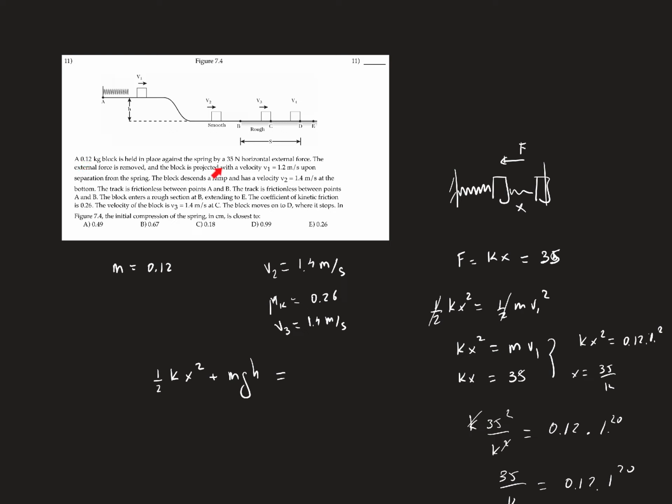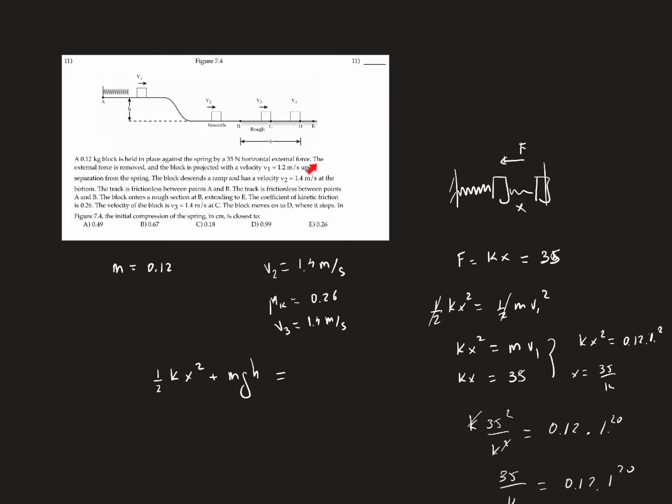This is the block, held against the spring with 35 newtons. So the force holding the spring at this position is kx, and it says that is 35 newtons. It doesn't say what k and x are, but we know that kx is 35 newtons.